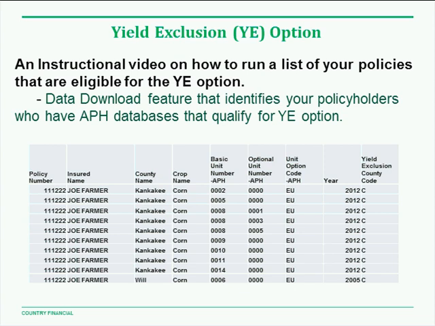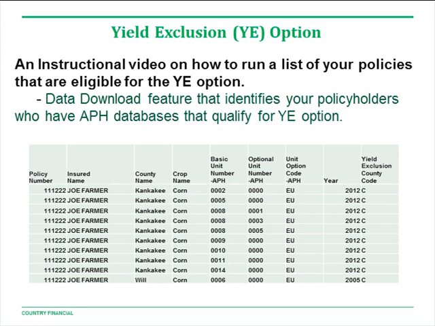The other element that was in that email was an instructional video on how to run the list for your policies that are eligible. And it's a data download feature, and what I've got here is an example of the list that's then provided. It gives you the policy number and your insured's name, and then specifically tells you which county, crop, and what unit number has an eligible year in it.